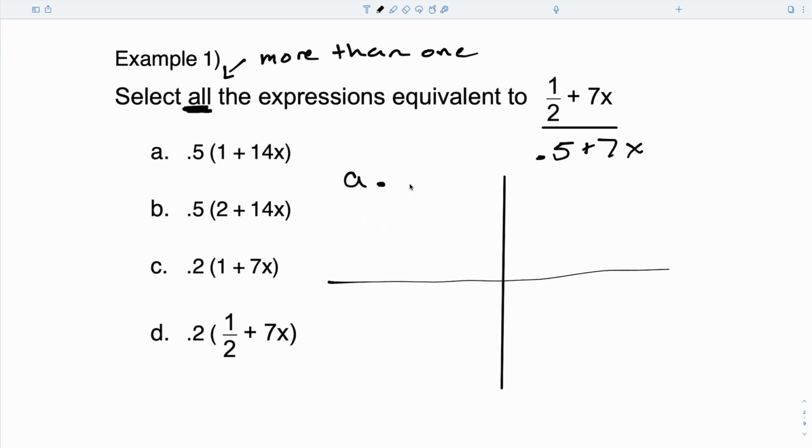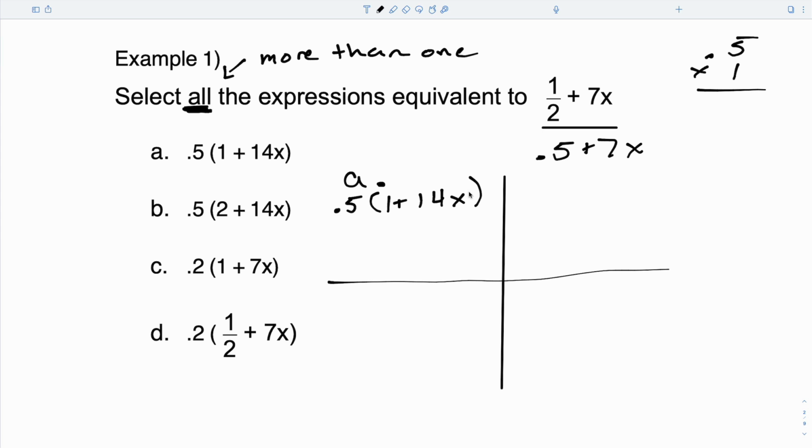So A has 0.5 on the outside of parentheses. What am I doing to both numbers inside, Grant? Multiplying by 0.5. 0.5 times 0.1 is what?